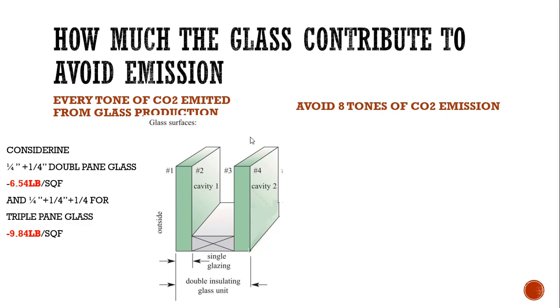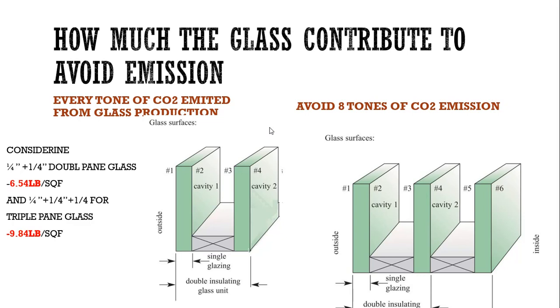And we're considering triple pane glass is 6 mil, or quarter-inch, glass combined together to build triple pane glass. That's for most commercial applications.